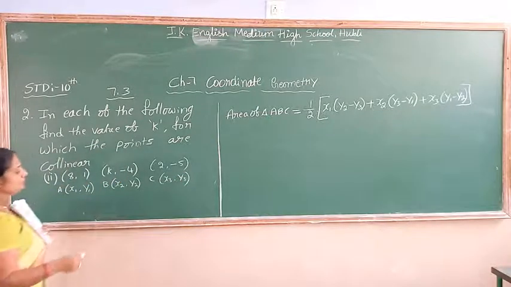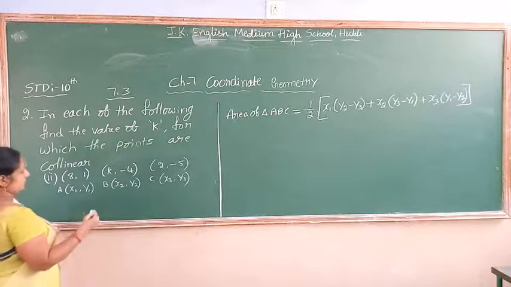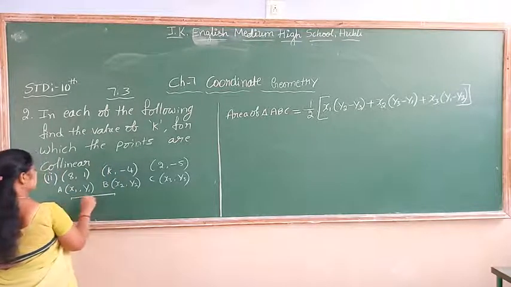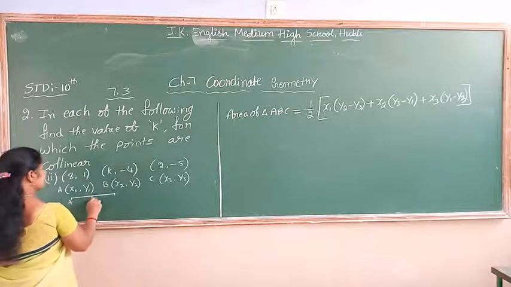If these 3 points are collinear, then the area of triangle becomes 0.